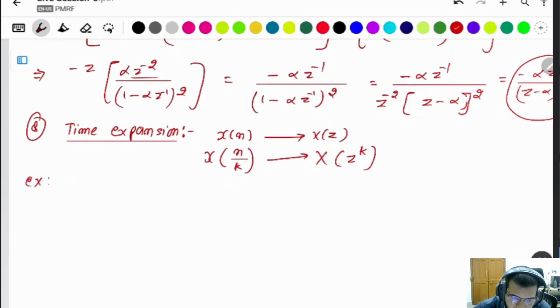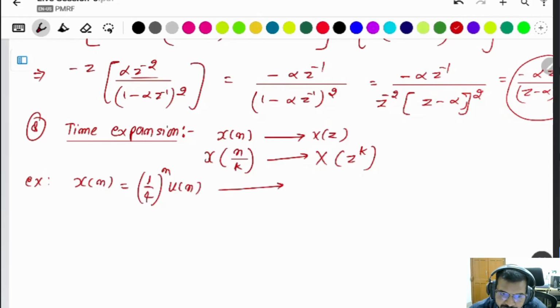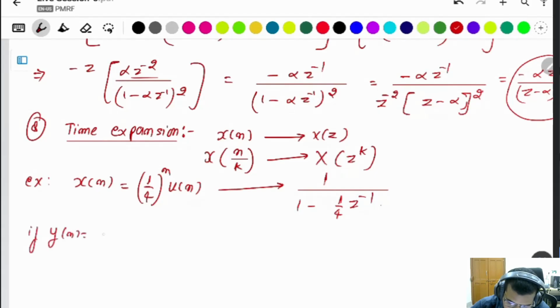For example, suppose x(n) is equal to 1 by 4 power n u(n). Then what is the z transform of this one? Same thing, alpha power n u(n), then 1 divided by 1 minus 1 by 4 z inverse. Suppose y(n) is equal to x(n by 4), then what happens here? 1 by 4 to the power of n by 4, u(n by 4).